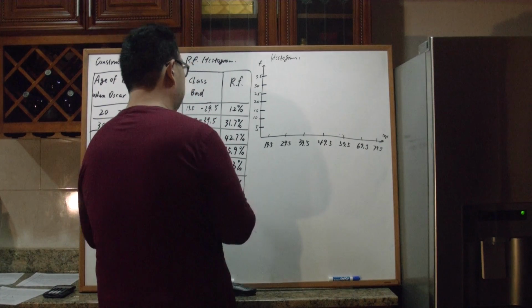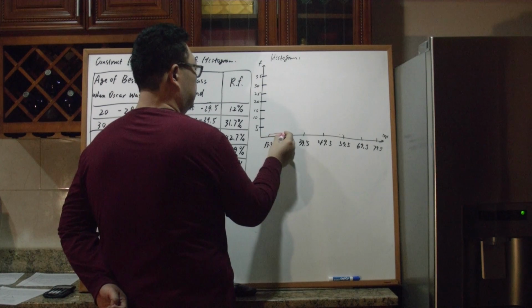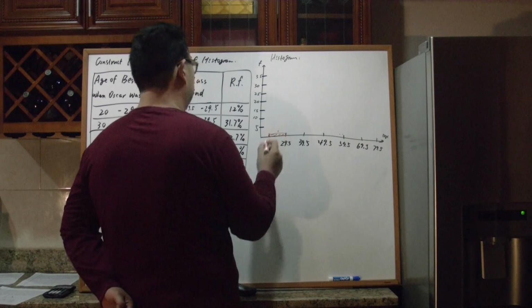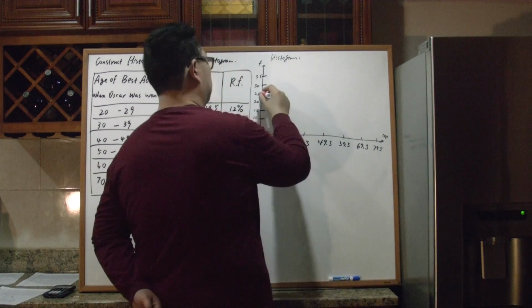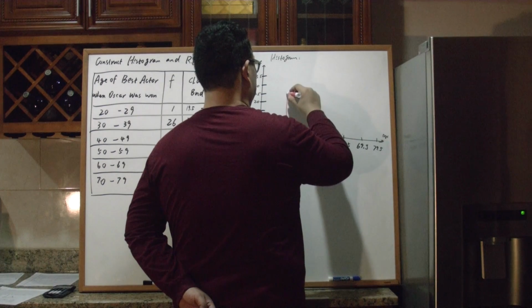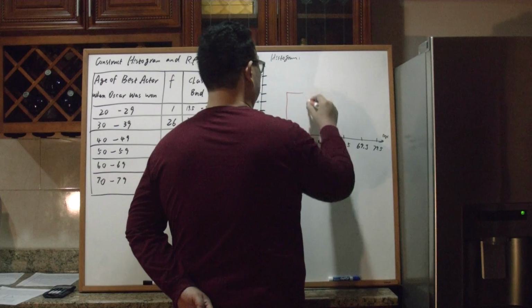Then we draw the curve. The first one has a frequency of 1, so maybe it's just underneath. Then the second class jumped to 26, which is a little bit higher than 25.